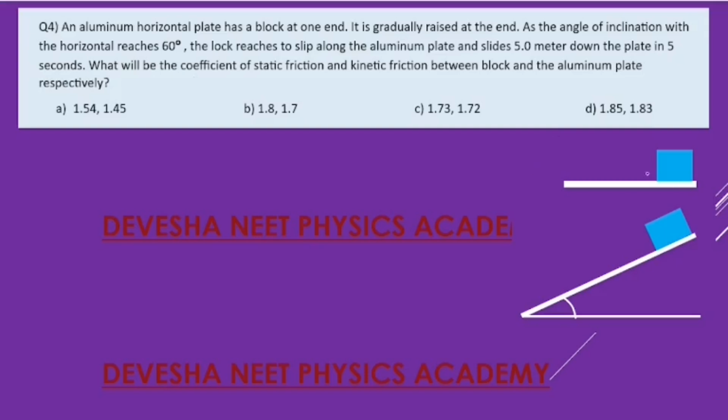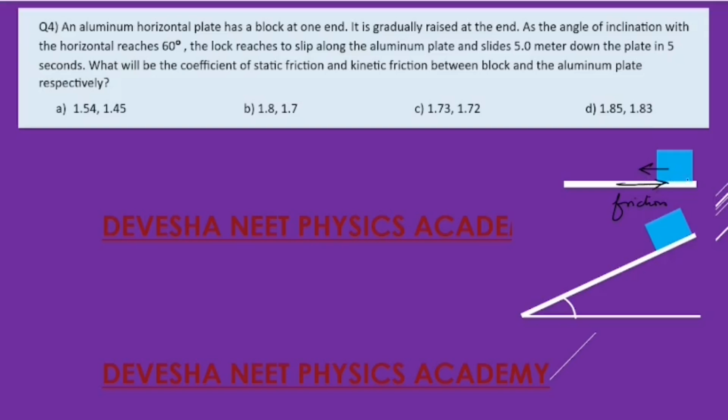So in this case, if the body tries to move in this direction, then the frictional force is here, which does not allow it to move. The friction acts in the reverse direction of the motion.